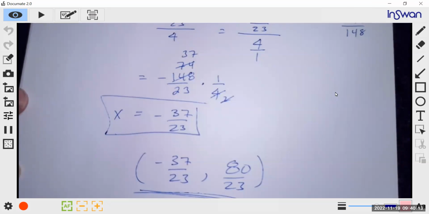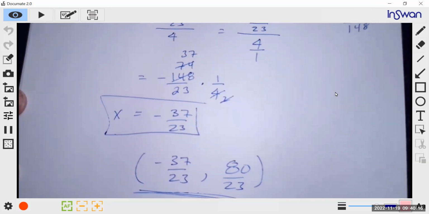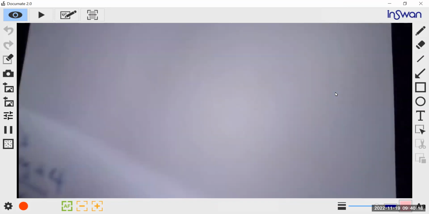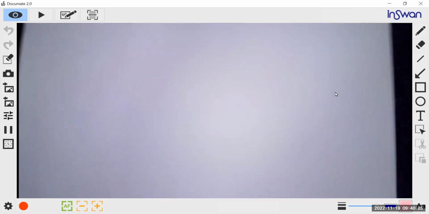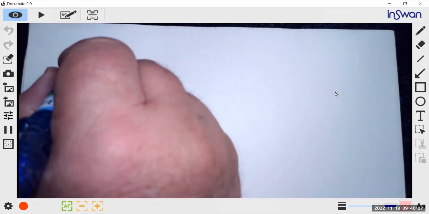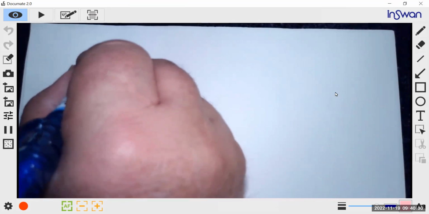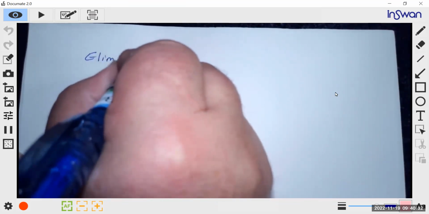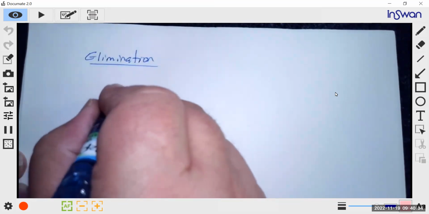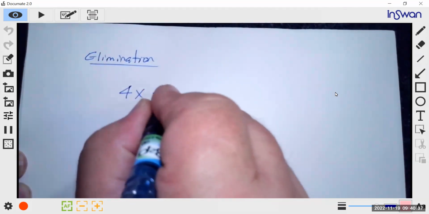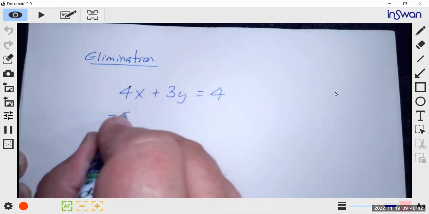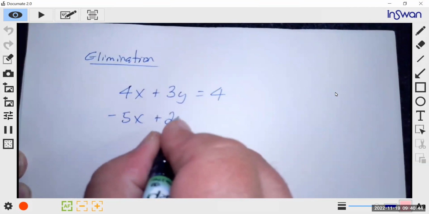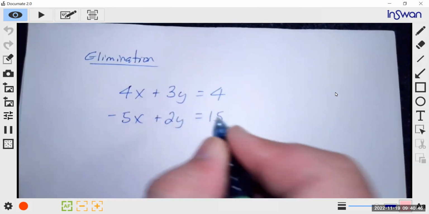All right, let's see what happens now using the elimination method. So we have 4x plus 3y equals 4, and negative 5x plus 2y equals 15.